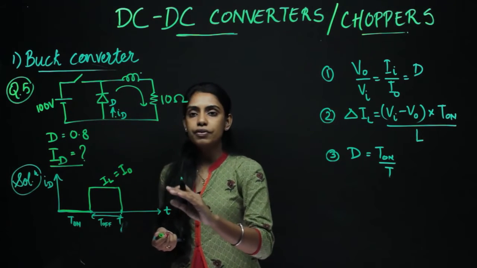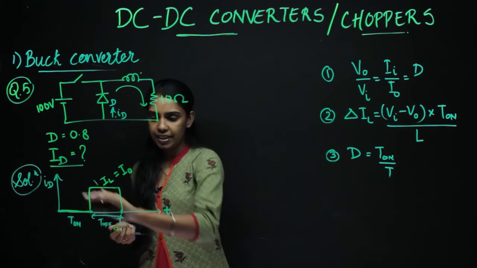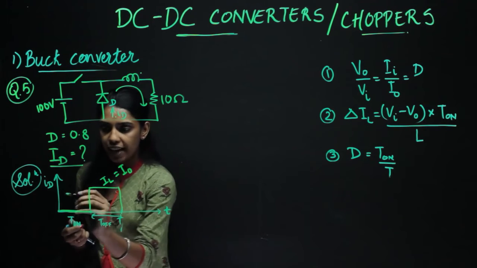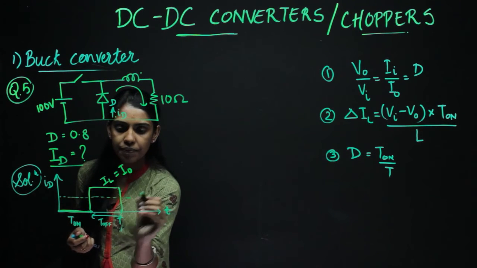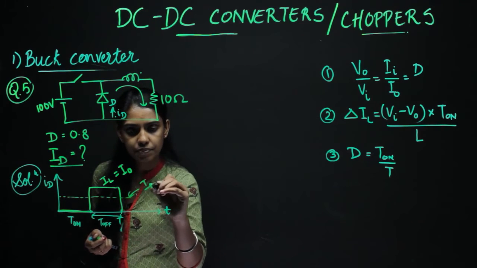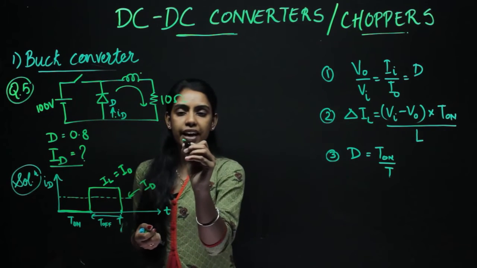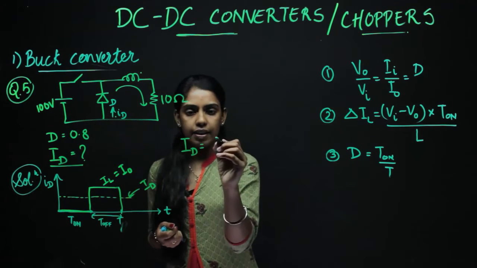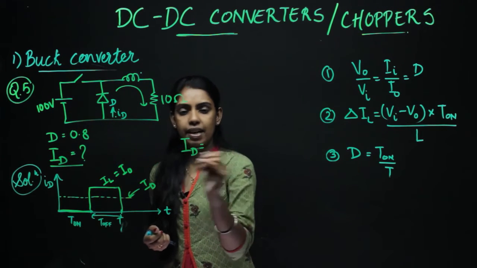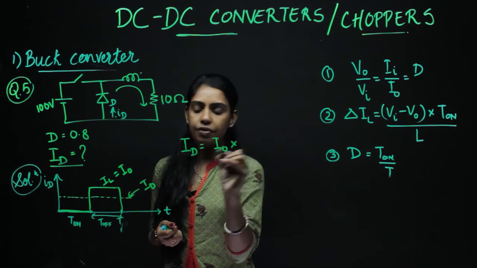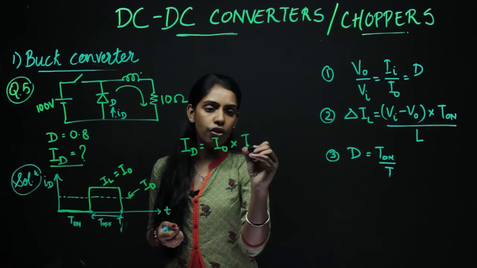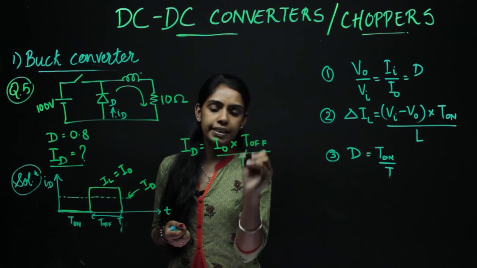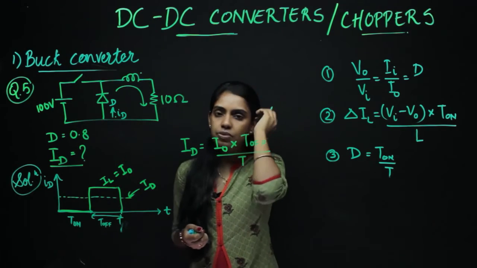Now, next we have to find what is the average diode current. From this waveform, you can find the average current. The average current will be something like this, which will be ID. Writing the formula for the average current waveform, ID will be IL, which is same as I naught, only for a time duration of T off, divided by the total time T. Now you have to find all these values.